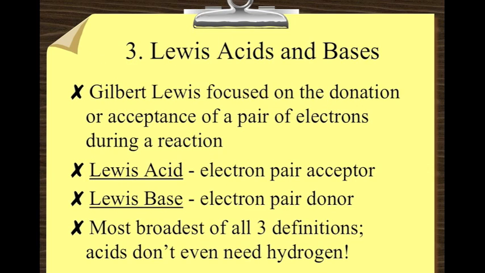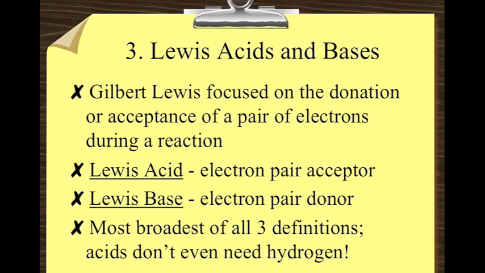Now, the last theory is the Lewis acid-base theory, which is the broadest of all the definitions of acids. A Lewis acid is an electron pair acceptor and a Lewis base is an electron pair donor. The way you can think of this is it's kind of opposite of the Bronsted-Lowry definition. A Bronsted-Lowry acid donates a hydrogen, while a Lewis acid accepts an electron pair.